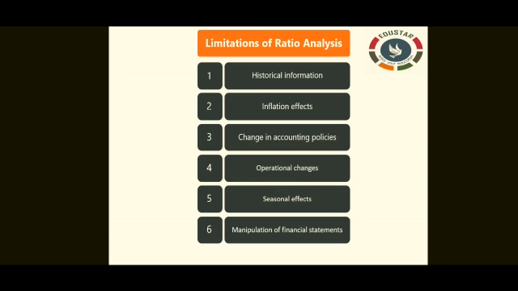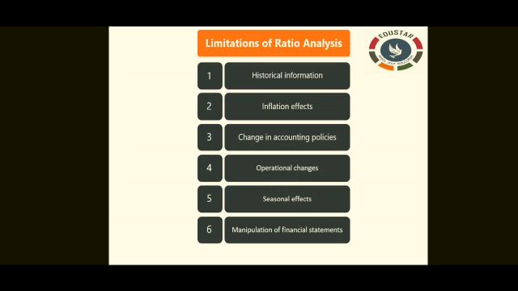And then manipulation of financial data. Ratio analysis is based on information that is prepared by the company, so the company has to produce the actual data. If there is any manipulation of the financial statement, the balance sheet also will show the wrong result.